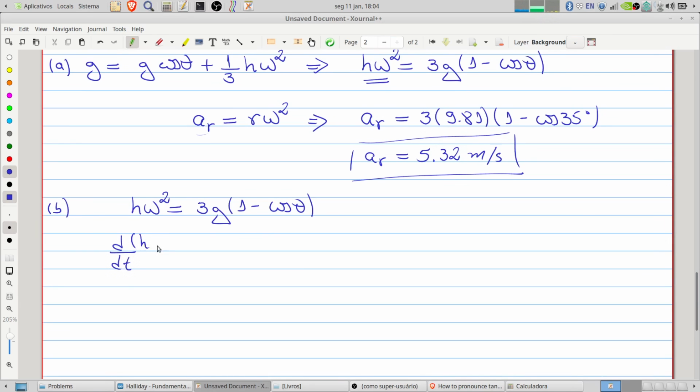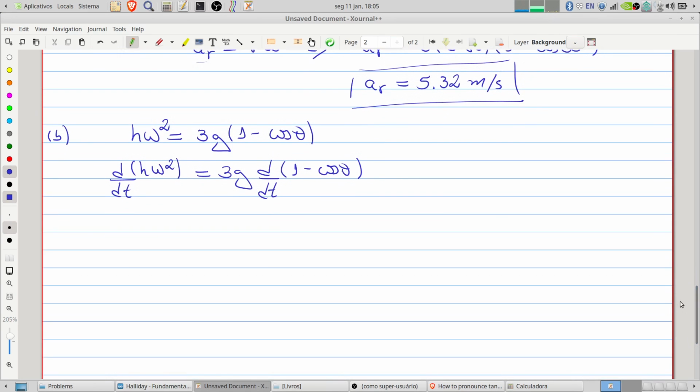So we have here this h, of course, is a constant. It's not necessary to consider. You have the time derivative of 1 minus cosine of theta. And let's use the chain rule to compute this derivative.